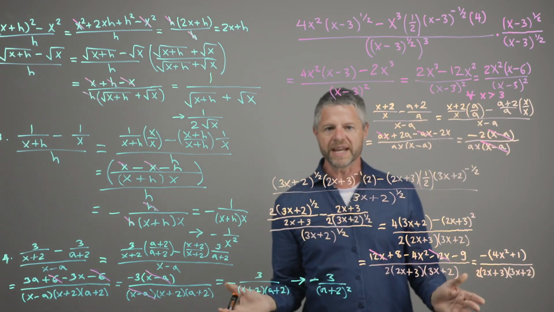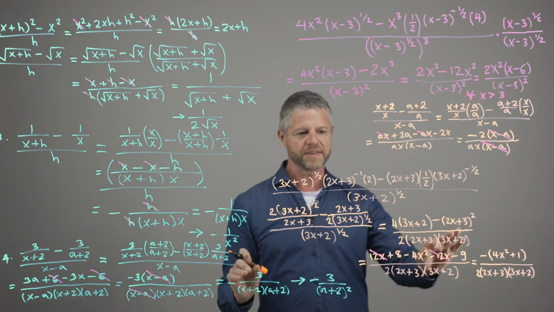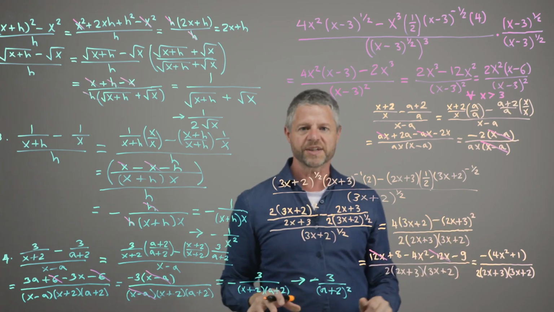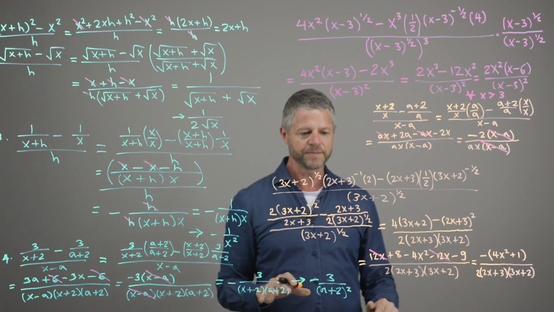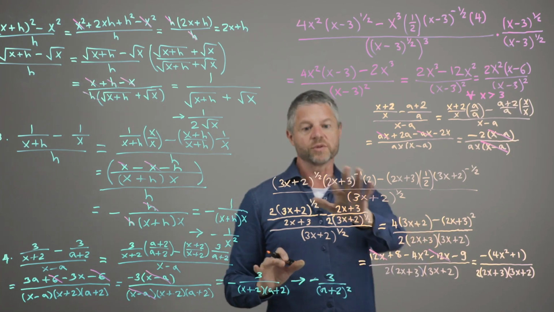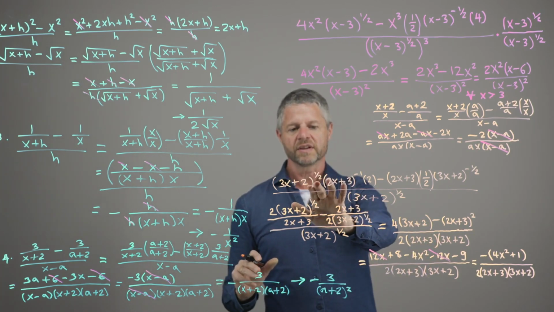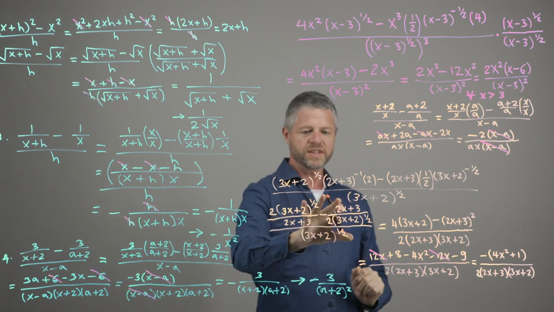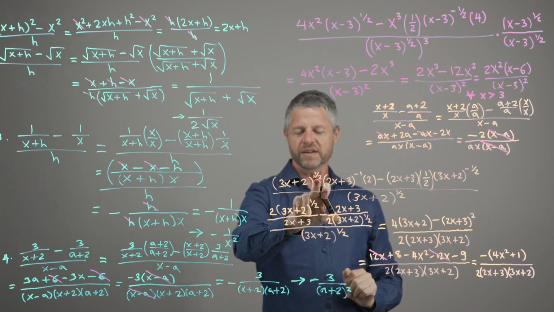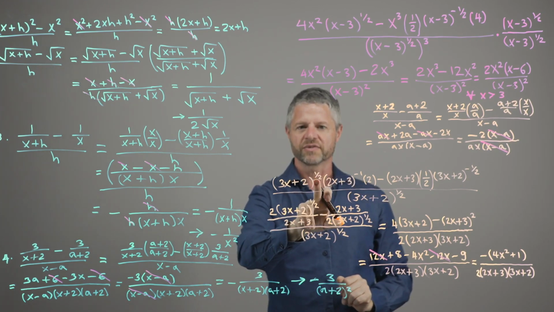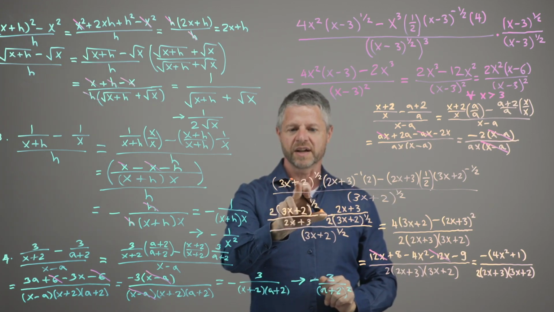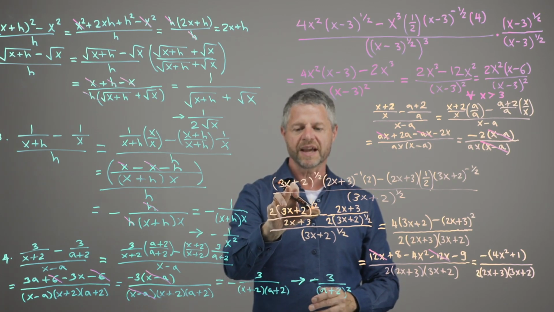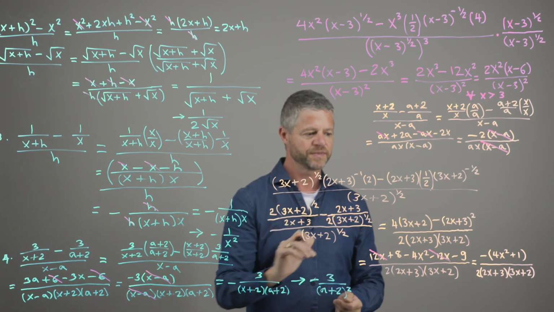And let's think about the domain, because we always need to worry about the domain when we're dealing with rational expressions or complicated expressions like this, where we've got things in the denominator, and also when we have fractional exponents. So for this one, if I'm looking at this 1/2 exponent here, I need 3x + 2 to be positive, which means x is going to have to be bigger than minus 2/3.